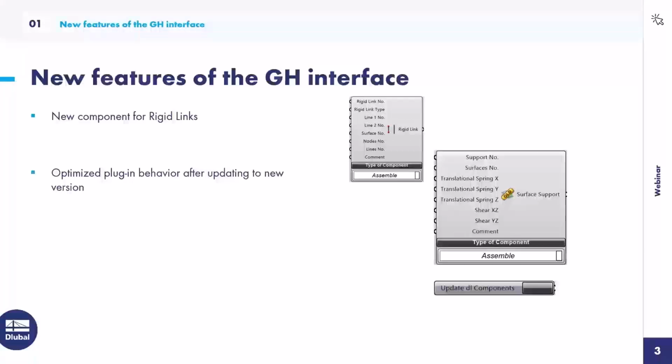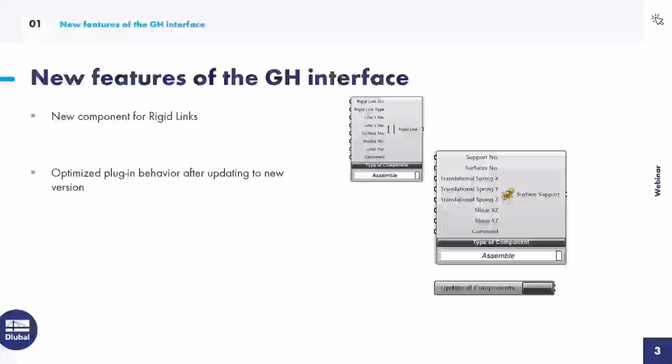And the last feature, in my opinion, the biggest one and the one that I'm personally looking forward to, is an optimized plugin behavior when a new version of the plugin has been installed. This is relating to the fact that when you opened an old Grasshopper project with a newer plugin version, then it could happen that the connection wires were disconnected, at least for some components.